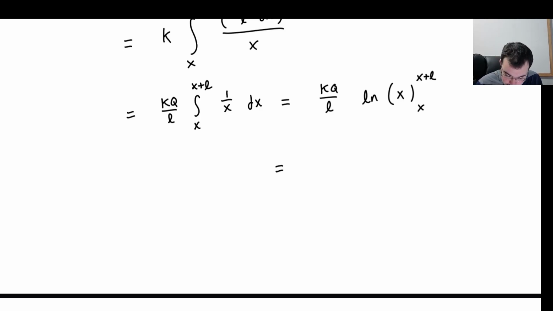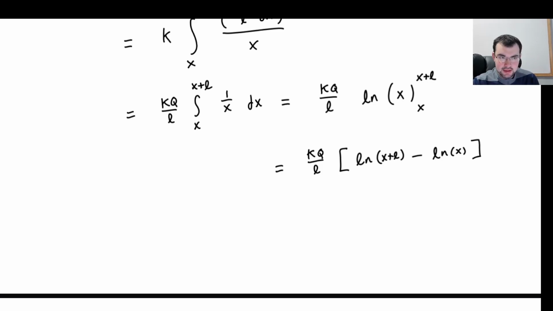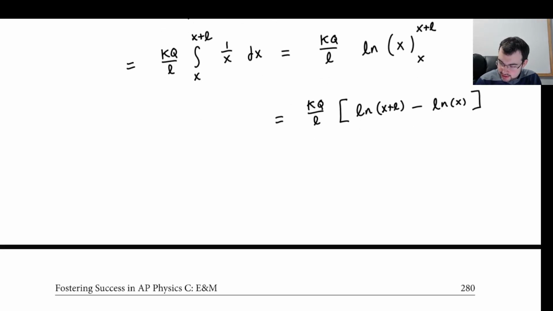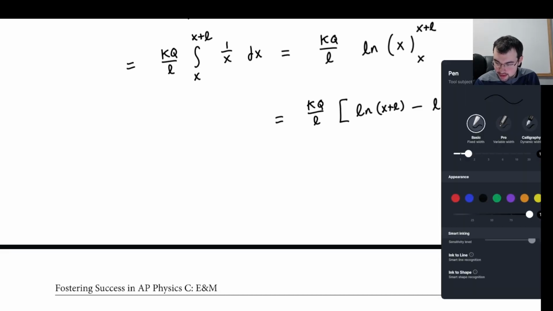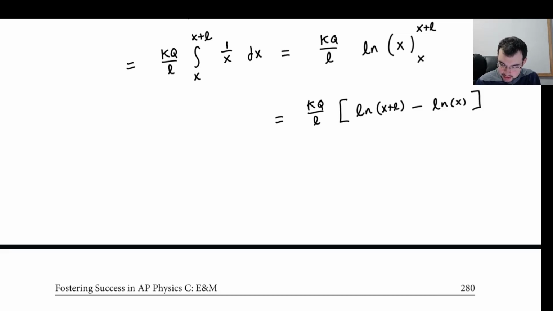So now we just evaluate our integral: top limit minus bottom limit. You might want to leave it like this. It might help to leave it like this when we do a derivative later, but we can actually use a log property to turn subtraction into division, because log of b minus log of a is log of b over a.